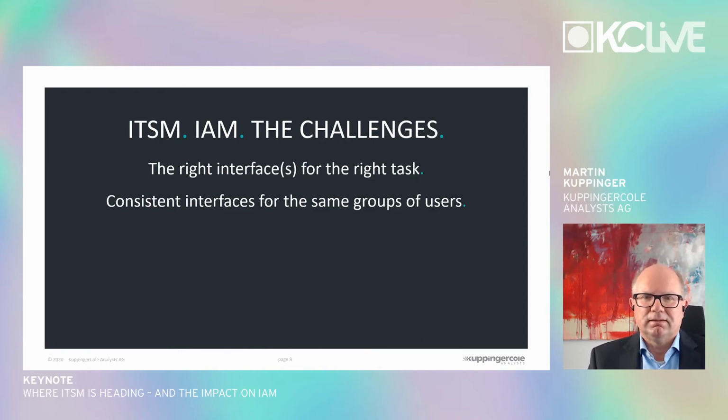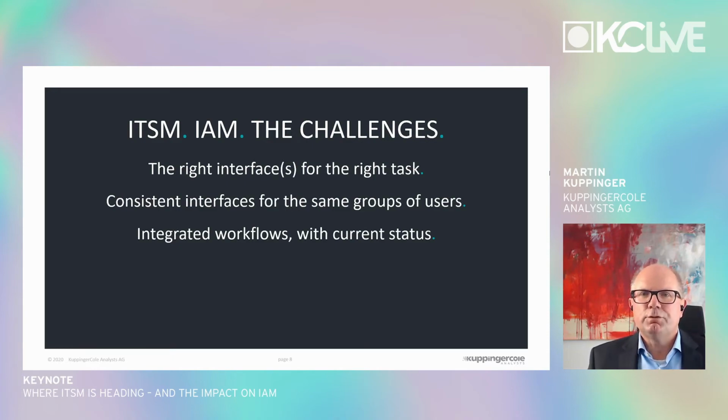And what we definitely must achieve is some consistency, which can be built in different ways. So there's API-based integration, deep links, etc. A lot of technology I'll leave out here for now, but you need to really think about how you do it. If you integrate workflows, that might make a lot of sense, but you need to ensure that you really can track where the workflow stands. Take manual fulfillment.